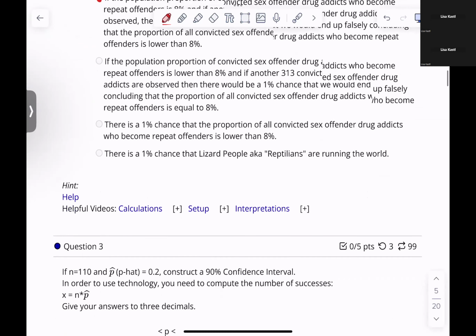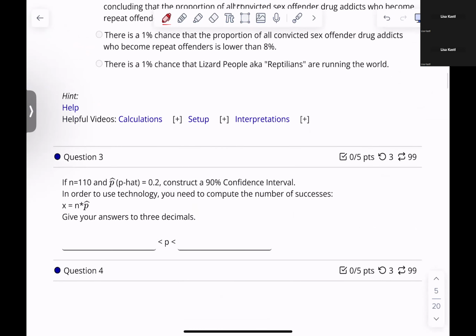Question 3. If n is 110 and p-hat is 0.2, construct a 90% confidence interval. In order to use technology, you need to compute the number of successes, X, because on your calculator, in your test, you look for a proportion interval. It's a 1 proportion Z interval. You're going to have to put in X and n, and the confidence level. So those are the 3 things you have to put in.